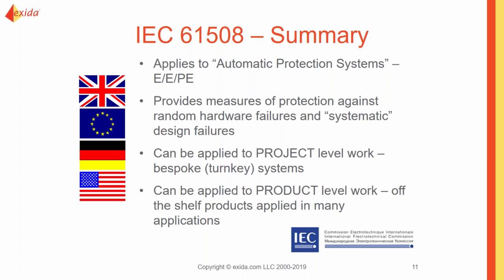IEC 61508 is not a prescriptive standard like most are. What that means is most standards tell you exactly the way they want you to behave in the order they want you to do, saying, I want you to do step 1, 2, 3, 4, and 5 in that order.